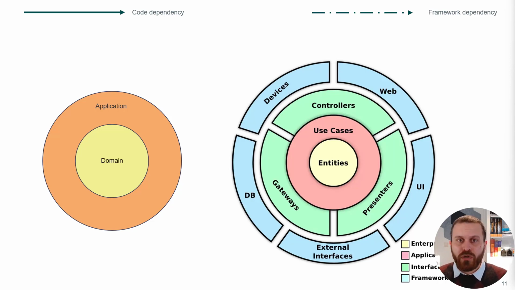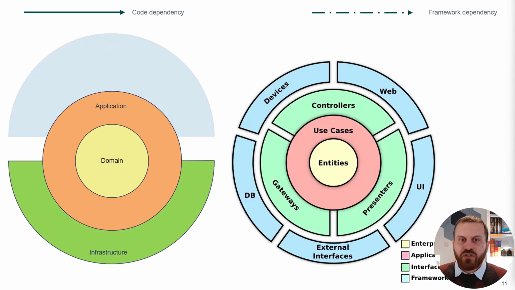The next layer is gateway, presenter, and controller, because we need to expose the functionality that we wrapped here to the world using controller or presenters. And we need to have some adapters to communicate with our infrastructures as well.